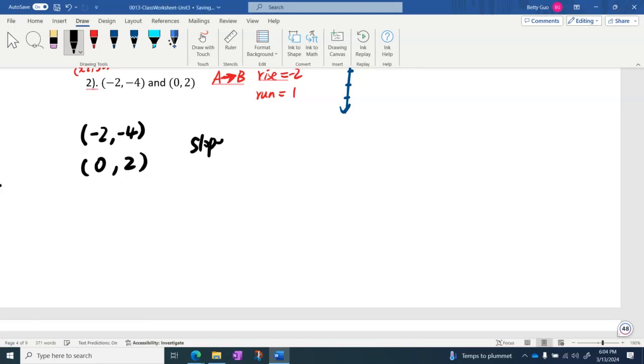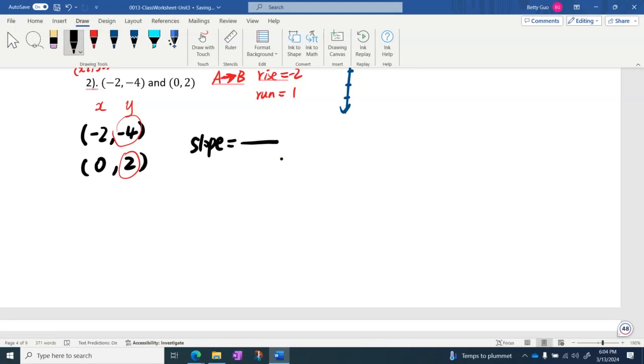Slope is changing y over changing x. So what I would do is, this is the y value, this is the x value, right? I'm going to use the first y value minus the second y value.